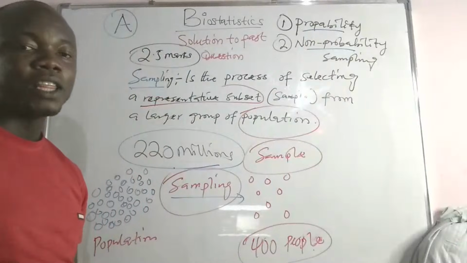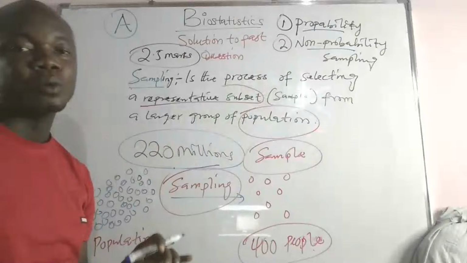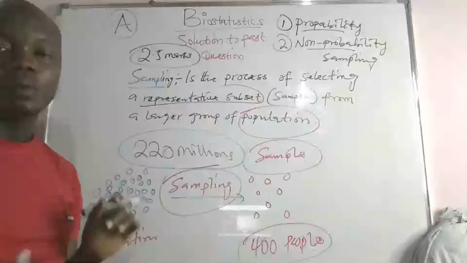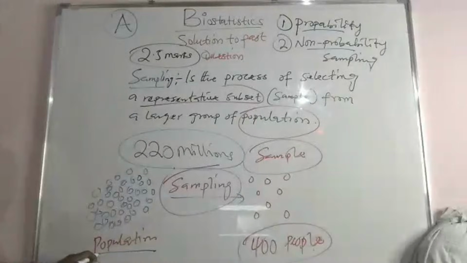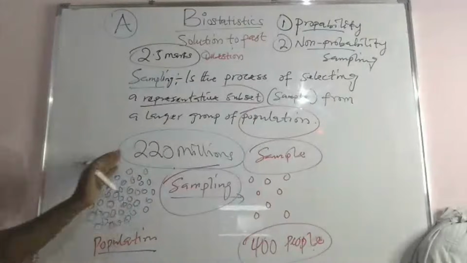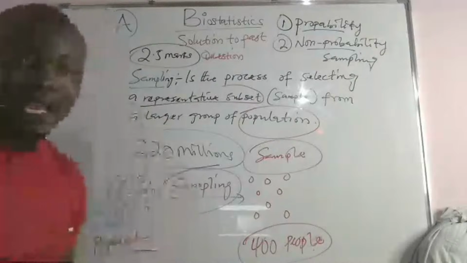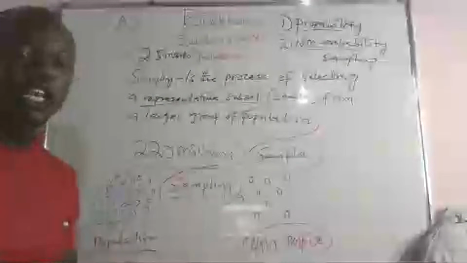So what is probability sampling? Probability sampling is a type of sampling technique in which each and every member of the population has an equal chance of being selected. For example, this is a population. In statistics, you cannot work with the entire population, rather you work with a sample. So how do you select samples?